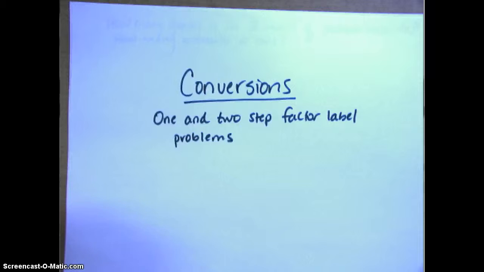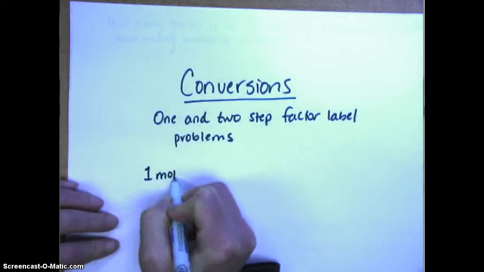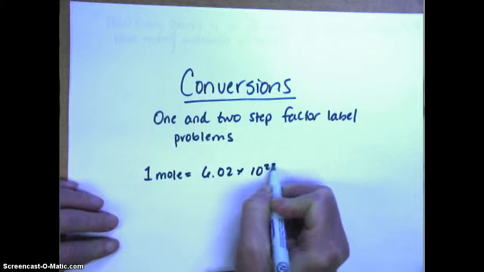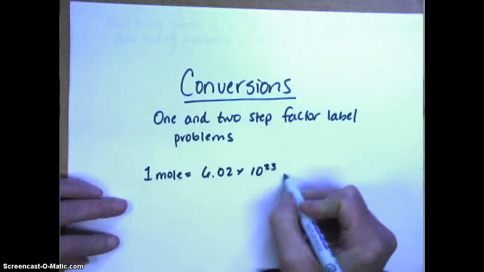So you remember that moles has 2 definitions. A mole of a substance is 6.02 times 10 to the 23rd atoms or molecules of that substance.